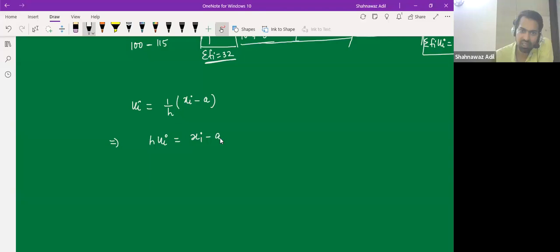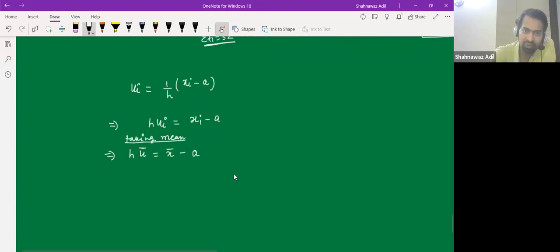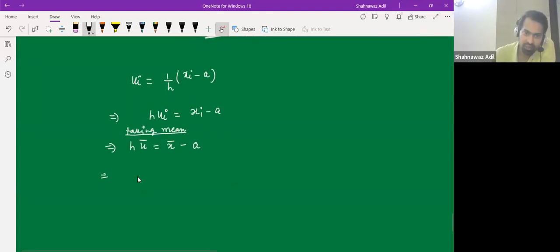So now you take the mean. You take the mean. So this would be h U bar, right? Taking mean, this would be X bar, and then this is minus A bar. A is constant, so this is A. So then you will have X bar, which is A plus h U bar, right?